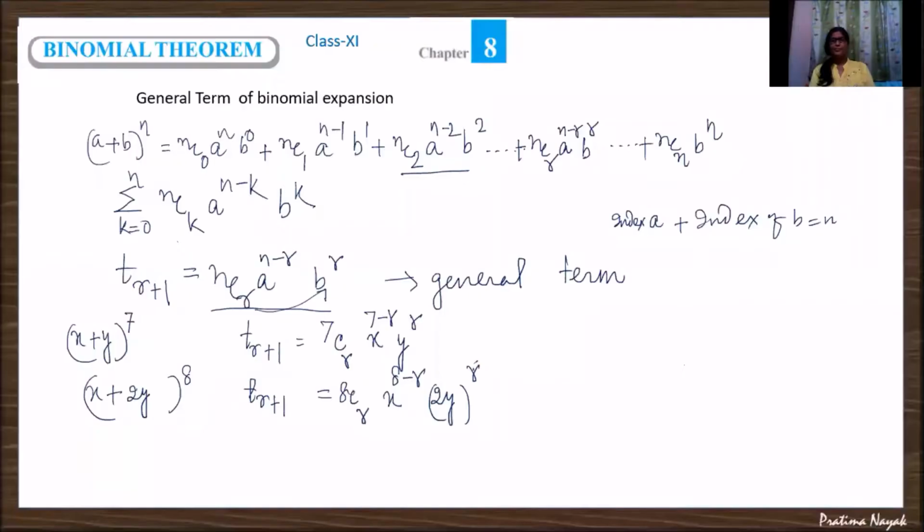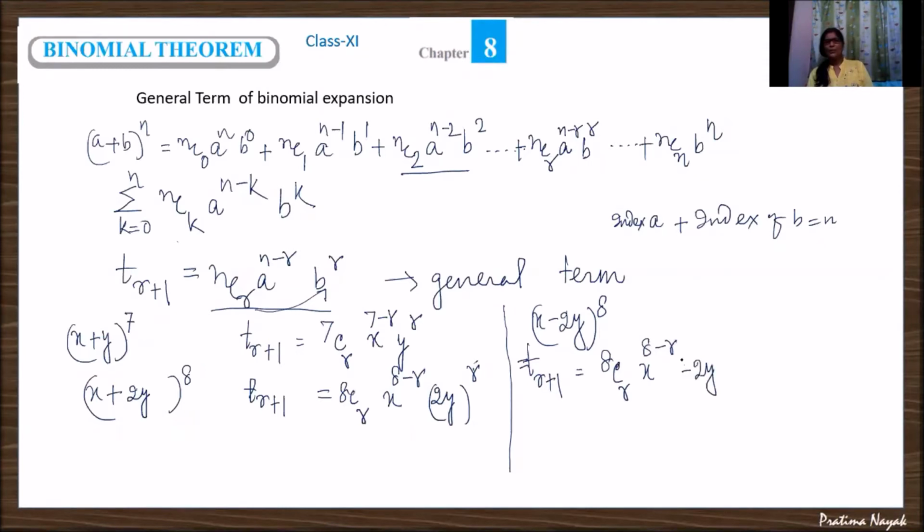Now suppose there is a negative sign, (x minus 2y) to the power 8. How do we write the general term when there is a negative between the binomial? We write the (r plus 1)th term, which is the general term: 8Cr x to the power 8 minus r and (minus 2y) to the power r.